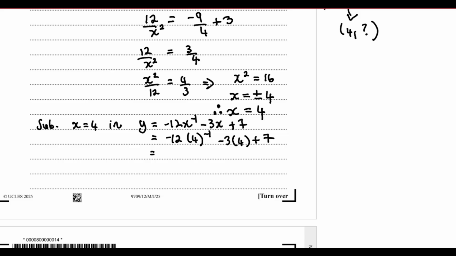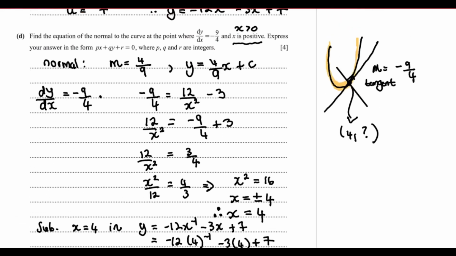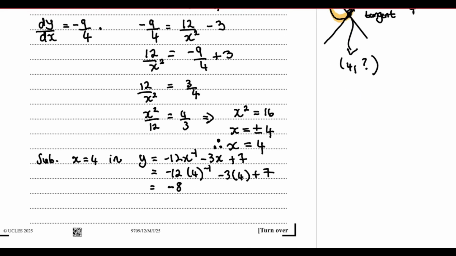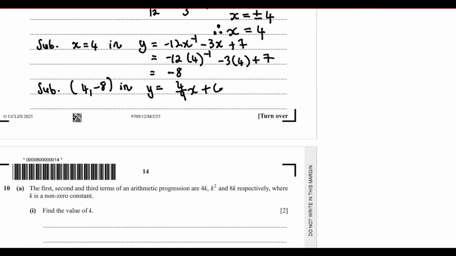Okay, you put that in your calculator, you'll end up getting negative 8. Now we can substitute the point for negative 8 in the incomplete line. You will have negative 8 is 4/9 times 4 plus c.